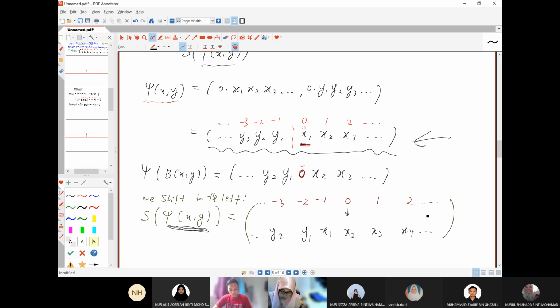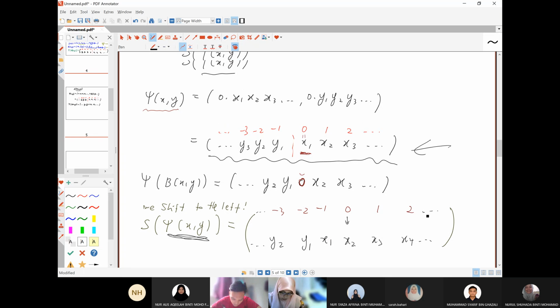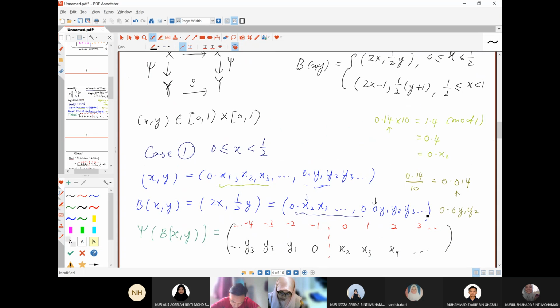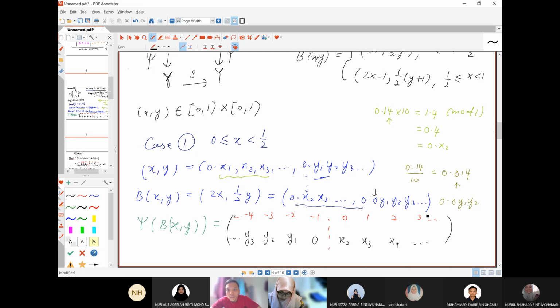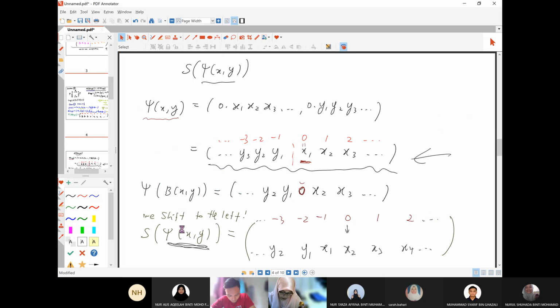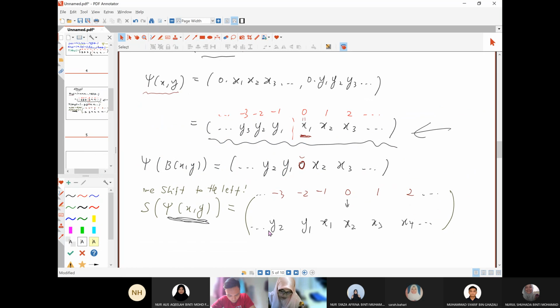So this case sama tak dengan the left hand side tadi? Sama. 0 sama kan? Sebab kalau ikutkan ni 0 ni adalah x1. Boleh kan? Okay, so ni sama lah. So that means this one, psi bxy and s psi xy is the same.